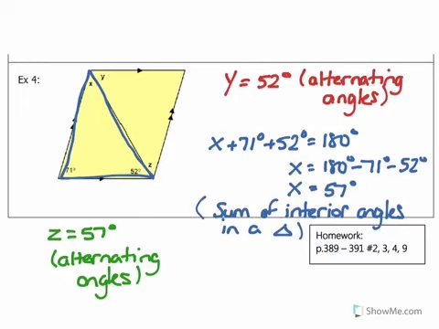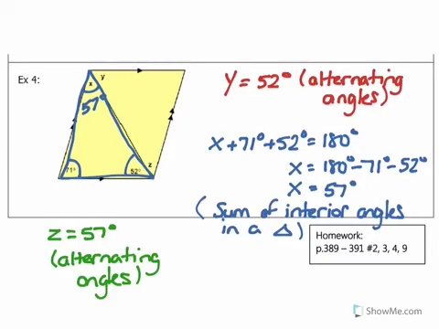And so I wrote X plus 71 plus 52 is 180 degrees because of the sum of the interior angles in a triangle. So the sum of all the inside angles of that triangle is 180. And so I did my calculations and I got X being 57. So I know this one's going to be 57 degrees.